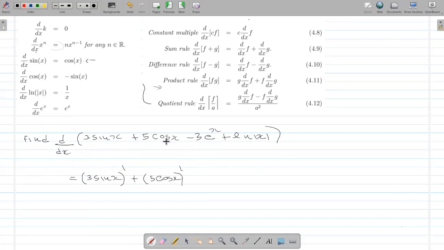So this is equal to the individual derivative of this, minus, from the difference rule, dx dash. So here first I applied the sum rule, breaking it into each individual sum and difference.